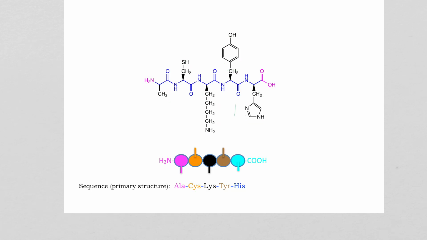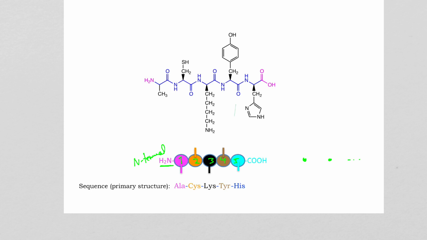So we always number the amino acids in a protein starting from the N-terminal. We always start from the N-terminal. So here's number 1, 2, 3, 4, 5. And if this protein had 150 amino acids, there'll be somewhere here 75, 86, 87, 88, and so on.